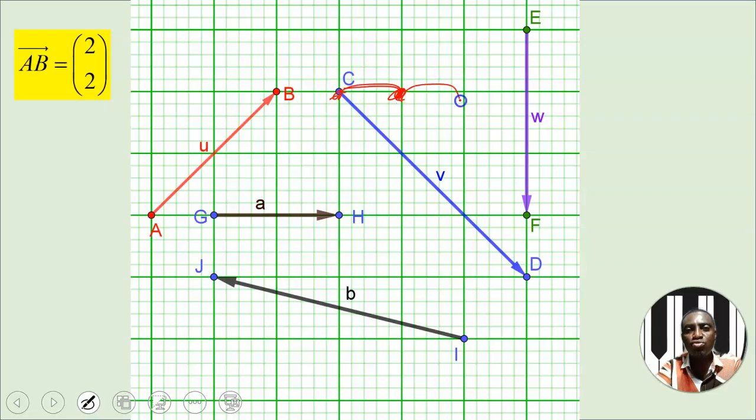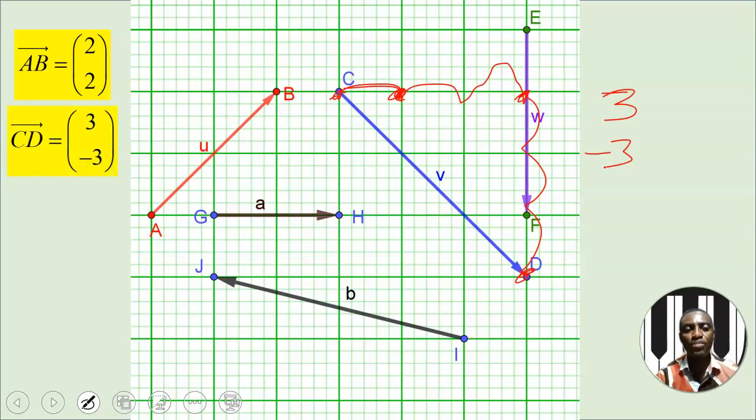And so we have 1, 2, 3 on the x-axis, giving us positive 3, and we move 1, 2, 3 on the y-axis, giving us negative 3. So that vector is (3, -3).